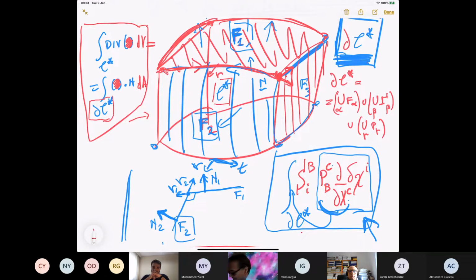So what happens on these curves and in these points is not affecting this surface integral. So the divergence theorem is true even if the surface is constituted by a finite number of regular surfaces. A regular surface is, in our context, a surface in which you can define a normal.